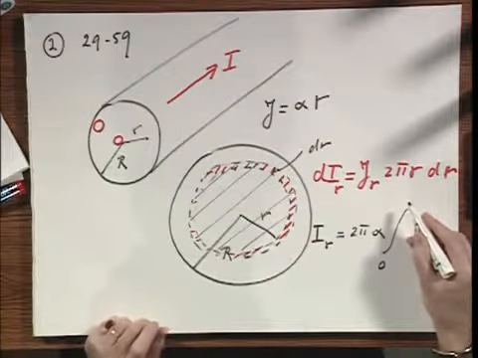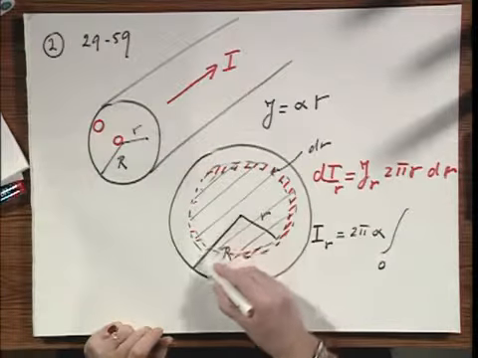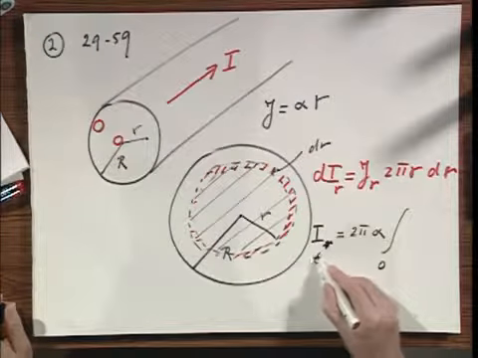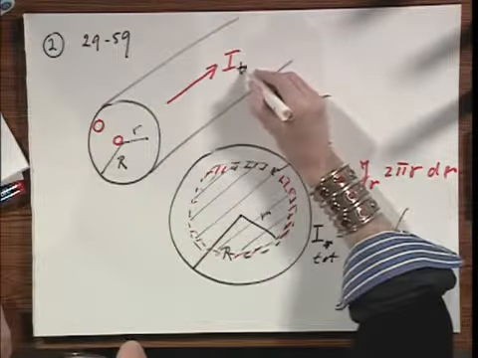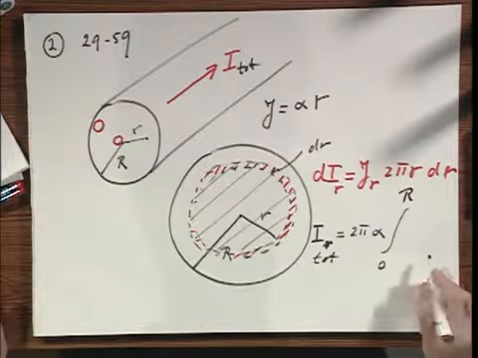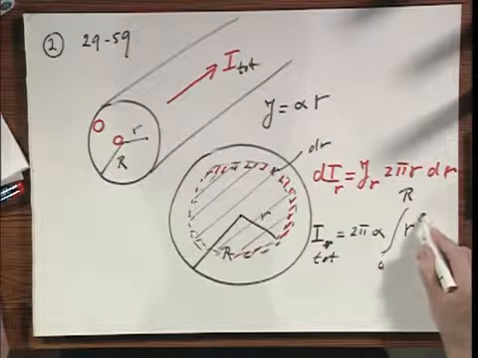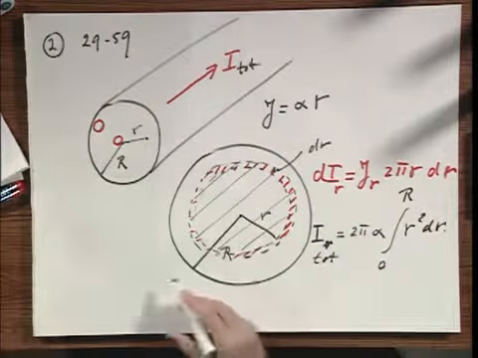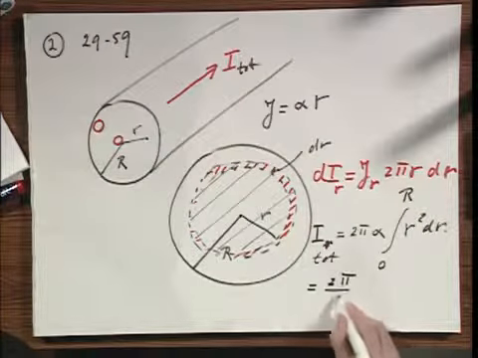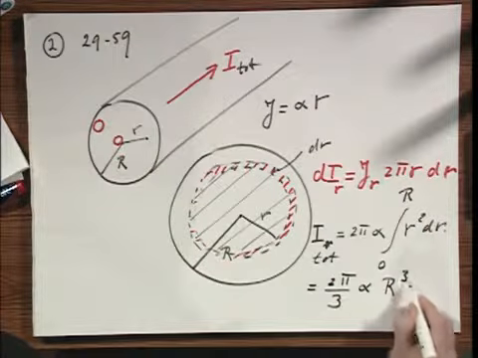Let me first do the integral all the way from here to here. So let me first do I total. That would be from 0 to R, 2 pi alpha, and then you get r squared dr. And that tells you then that this equals 2 pi divided by 3 times alpha times R cubed.